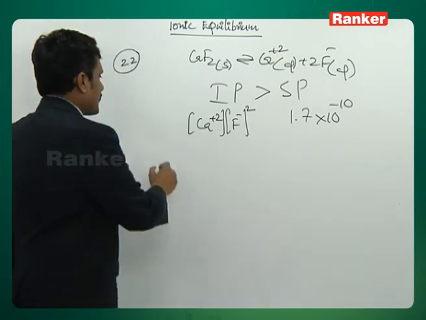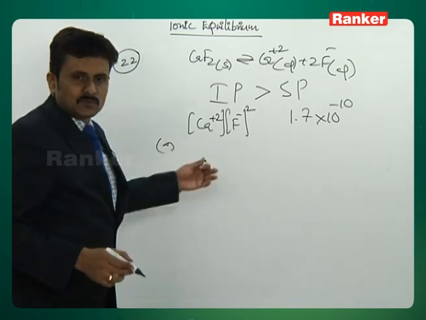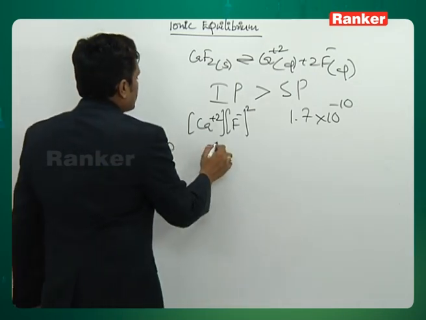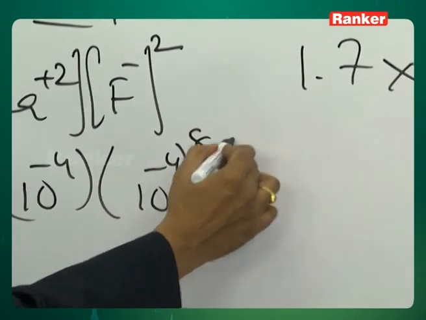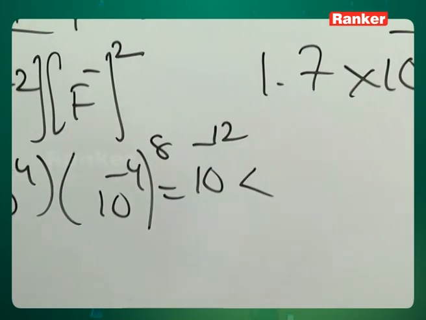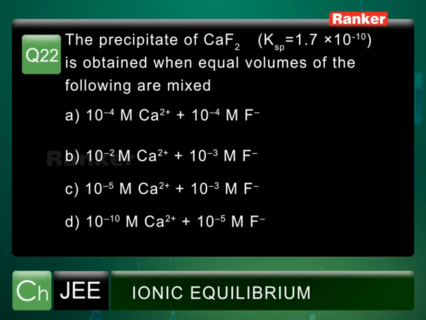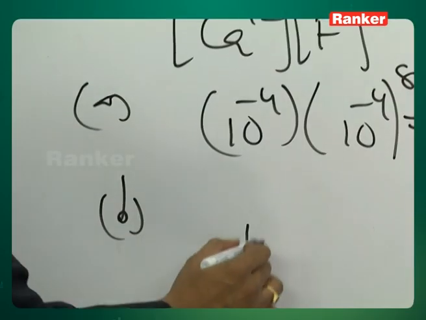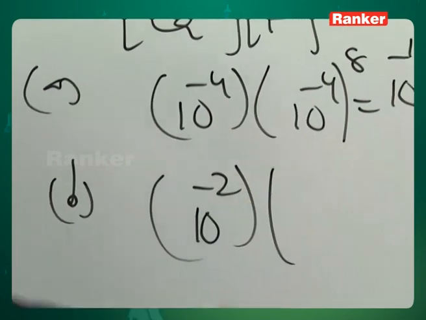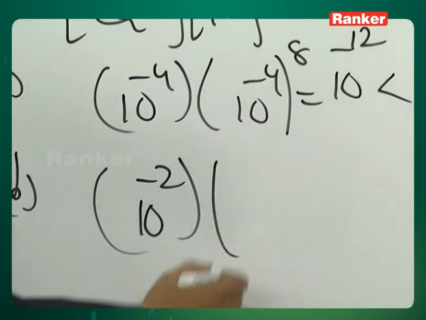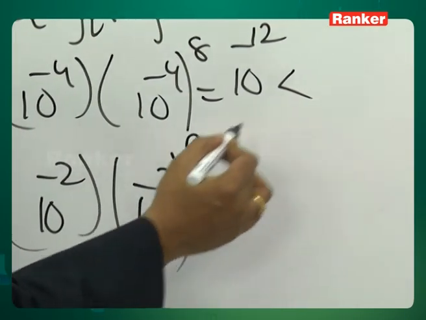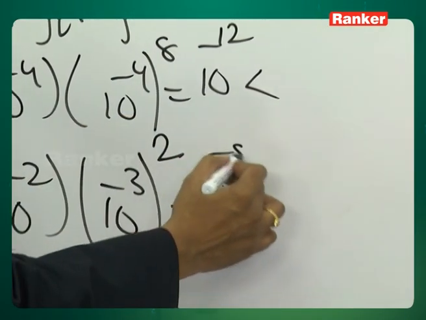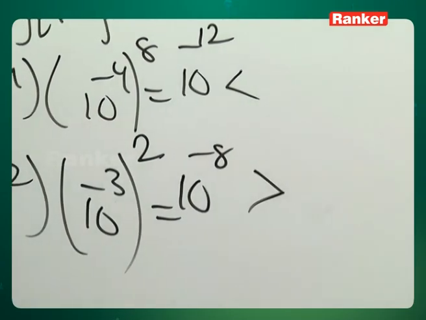Option A, 10 to the power minus 4 into 10 to the power minus 4 whole square, that is 10 to the power minus 12. This is less than the value. Option B, we have 10 to the power minus 2 of calcium ion with 10 to the power minus 3 molar F minus. So this is turning out to be 10 to the power minus 8, which is greater than the value.